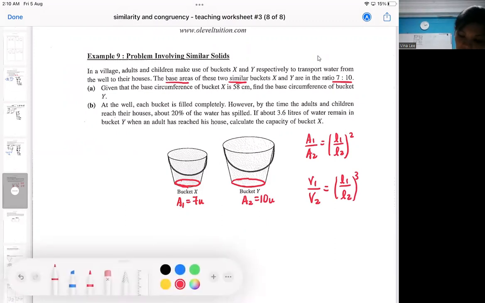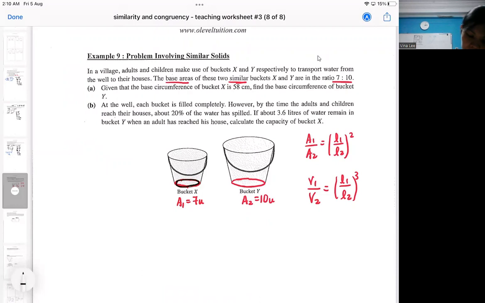For part 1, I'm supposed to find the circumference. The base circumference, so this is C1 equal to 58. I'm trying to find C2. Circumference falls under the length ratio.